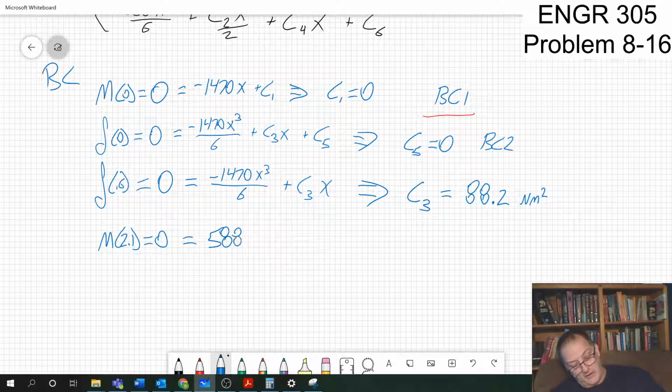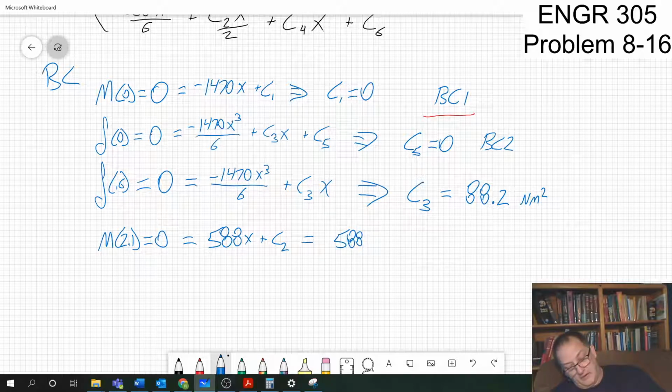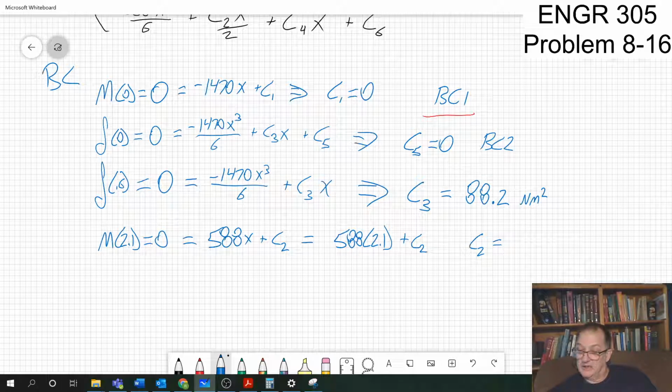So that's 588 times 2.1 plus C2, and so C2 is equal to, back to the calculator.